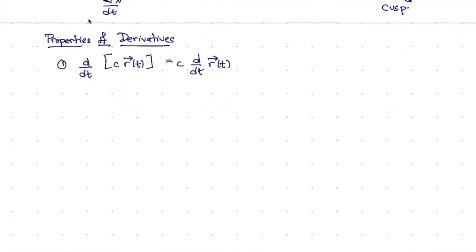That goes by linearity of derivatives. If I were to take the derivative now of the sum or difference of two vector-valued functions, I could find the derivatives independently and add and subtract them.